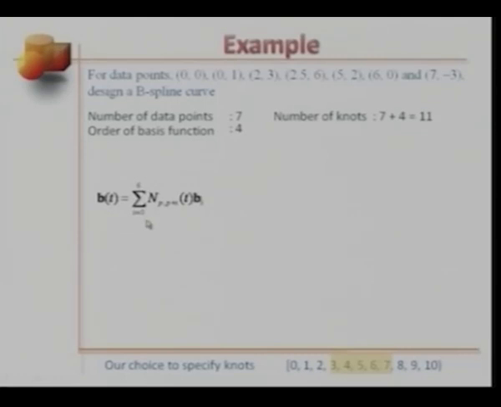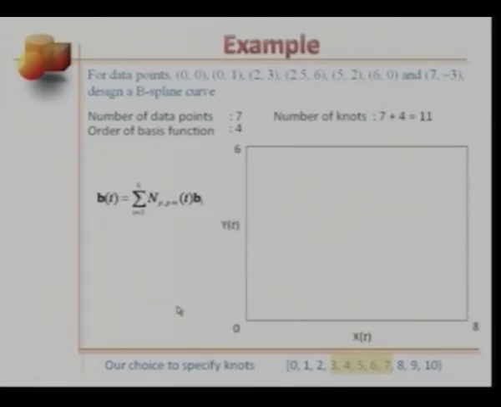We have seen this definition of B-spline segment. B(t) equals the sum for i going from 0 to 6 of N(p,i)(t) times b_i. Now, if you note, b_i is ordered. It's a vector. Here p equals 4, and this value 6 corresponds to the number of data points 7.